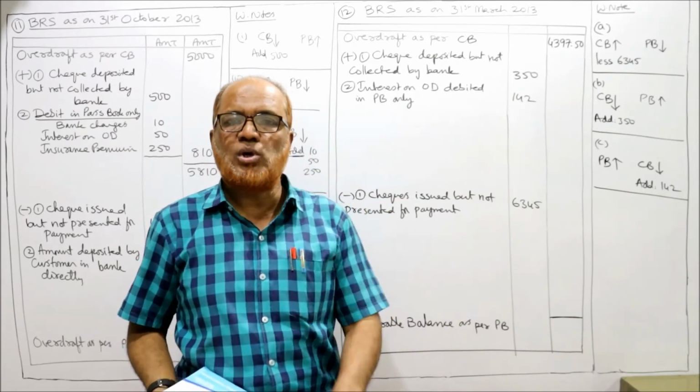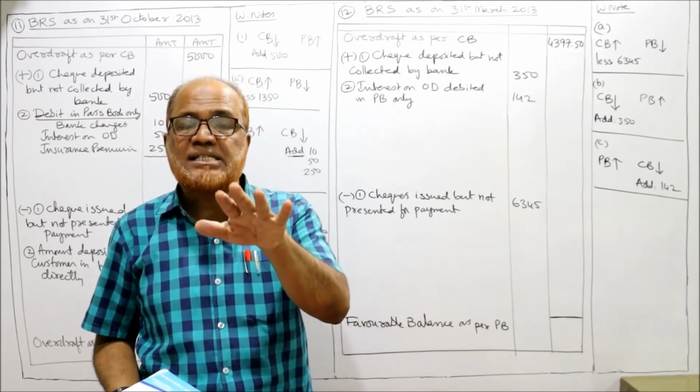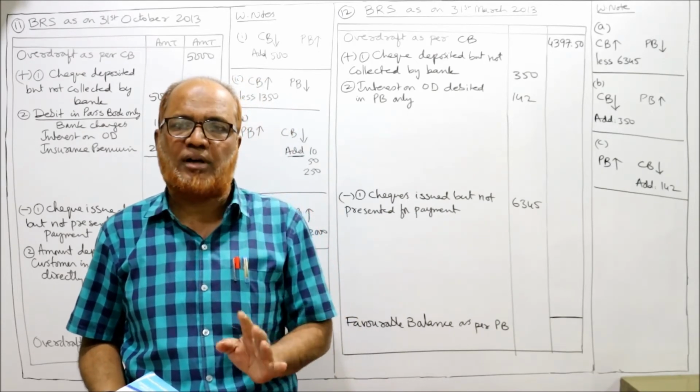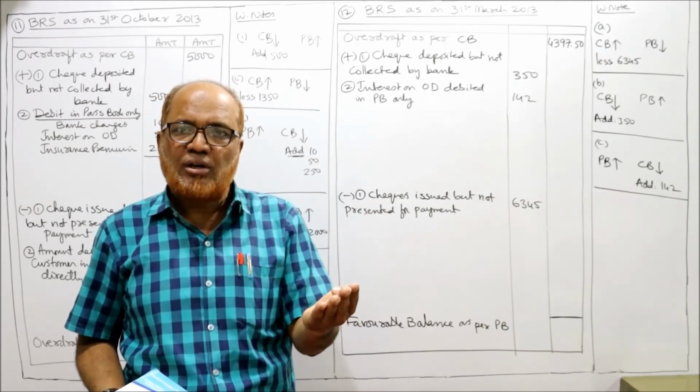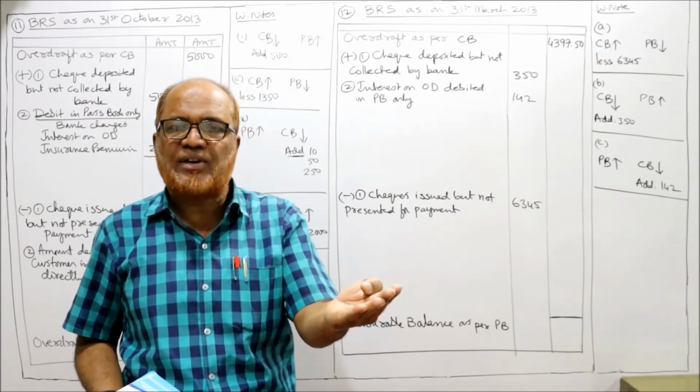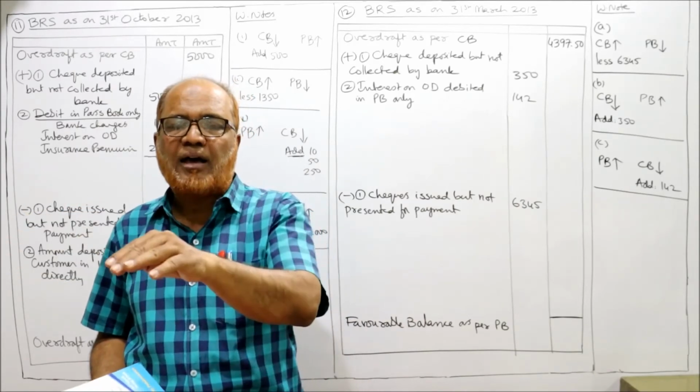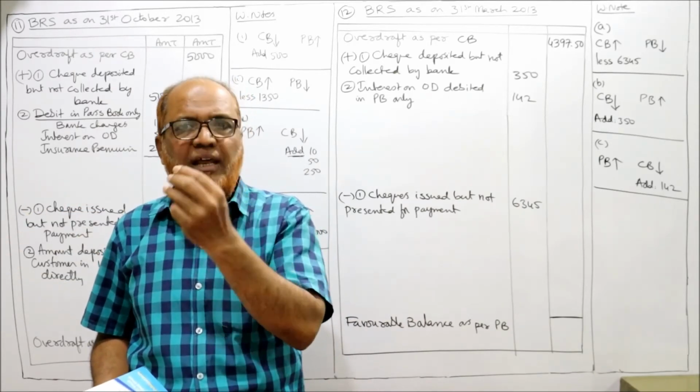But by mistake, the full face value of 2,400 is taken in the cash book. So our cash book OD has decreased by 2,400. Suppose I am the customer, I have discounted this bill of exchange with my banker. The banker has credited the amount in my account.